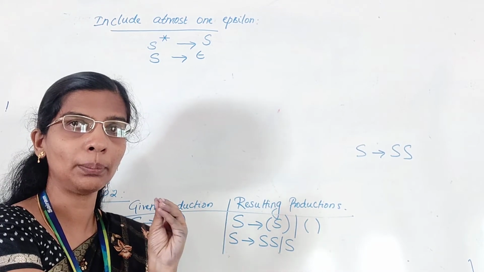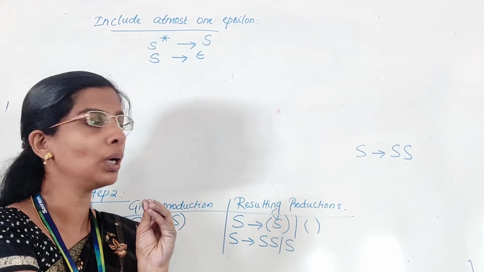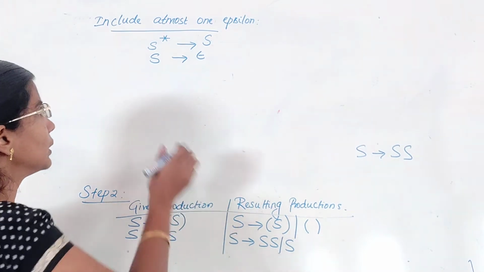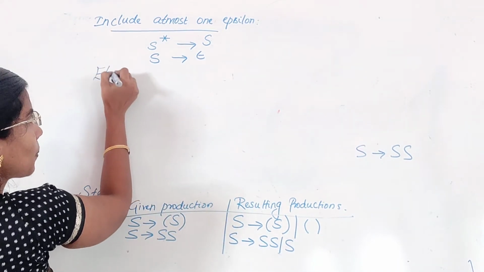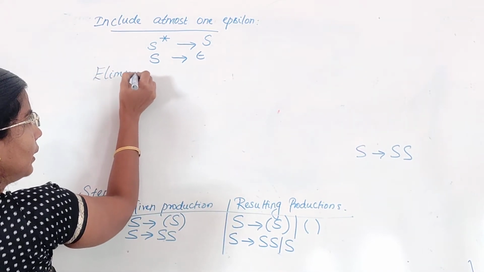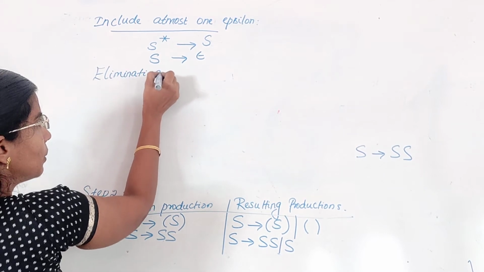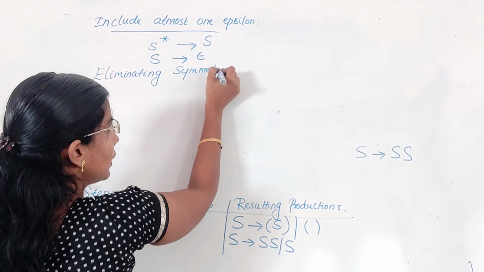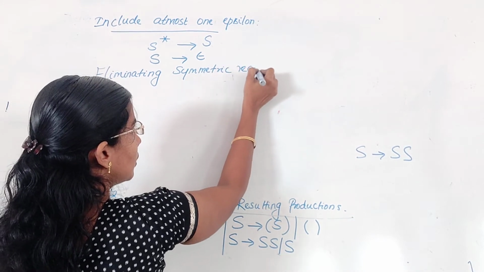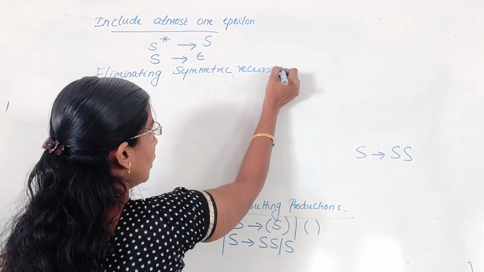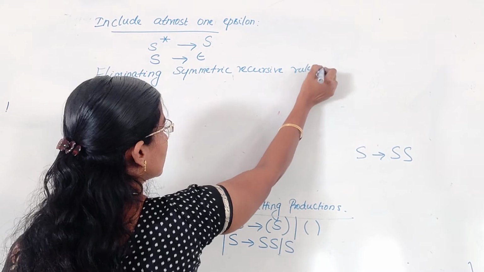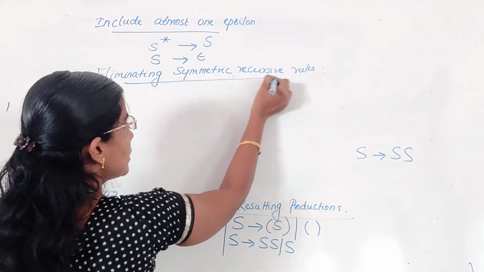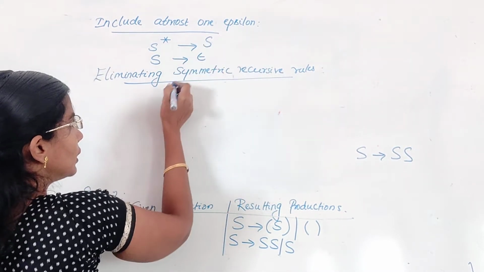So I have to eliminate this symmetric recursive rule. While eliminating symmetric recursive rule, include this first.